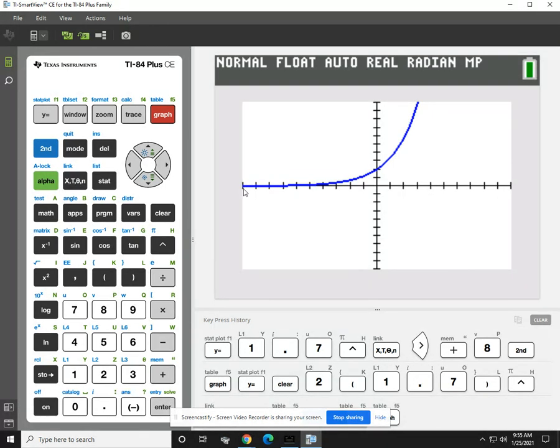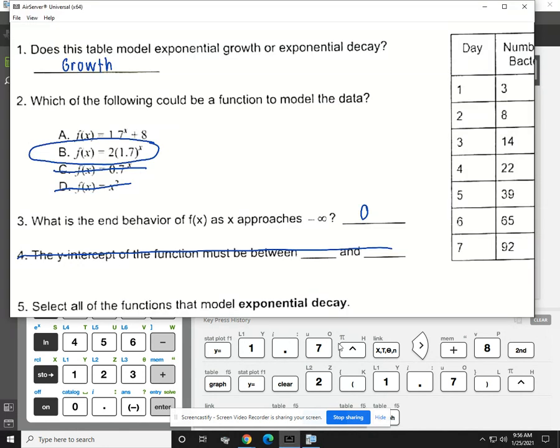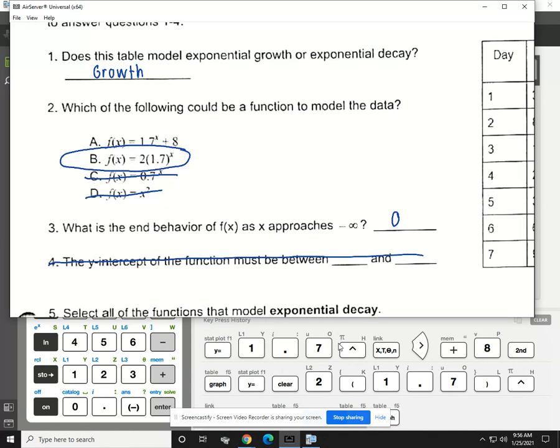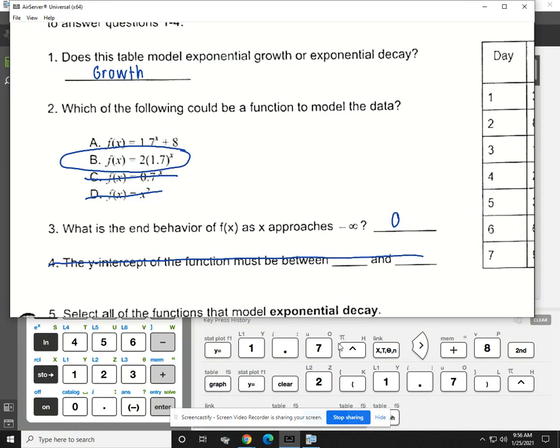Is it decreasing towards negative infinity? Or is it decreasing towards my asymptote? Asymptote. And what is that asymptote? 0. Y equals 0. So it's going towards 0. So the answers that we should have on our review is B for number 2. And then it's approaching 0 as x is going to the left.